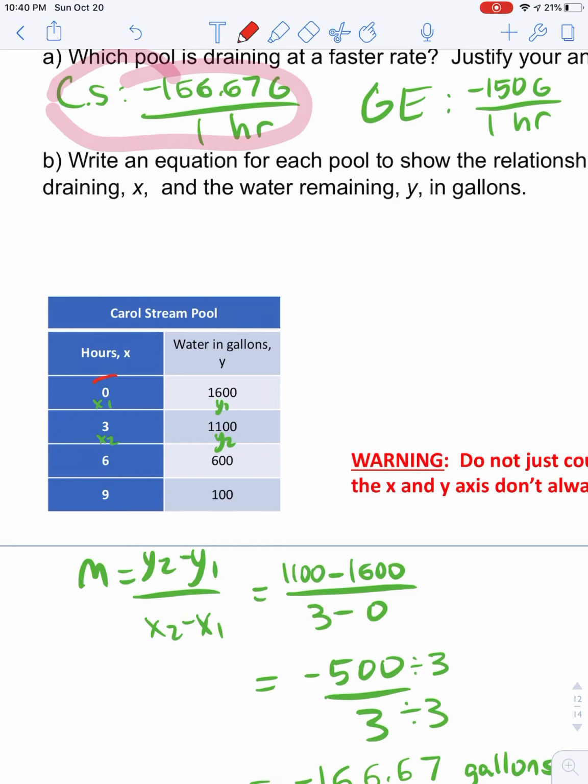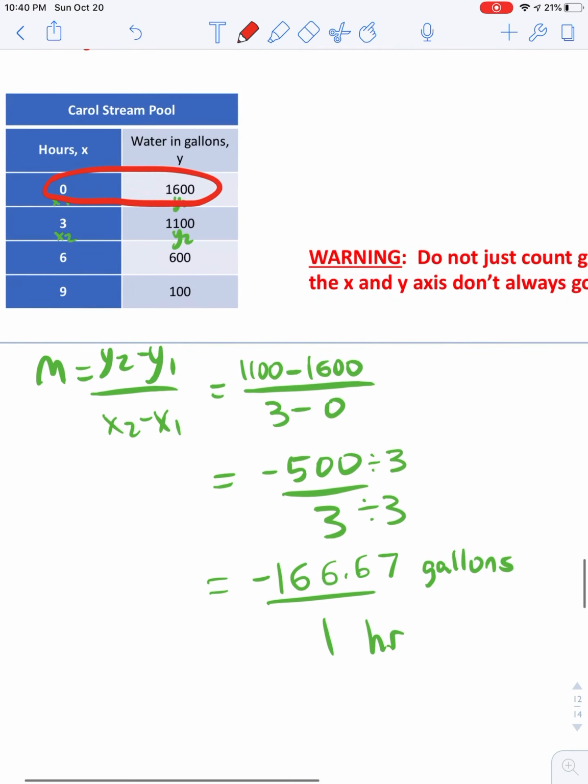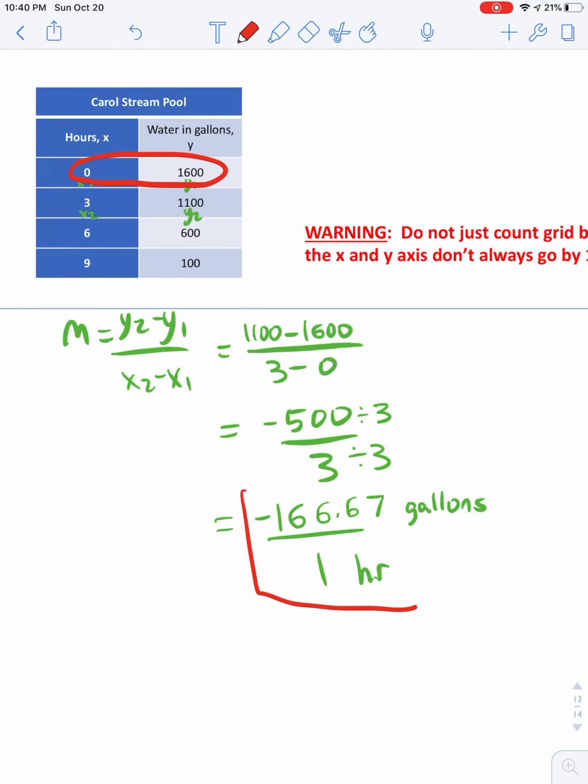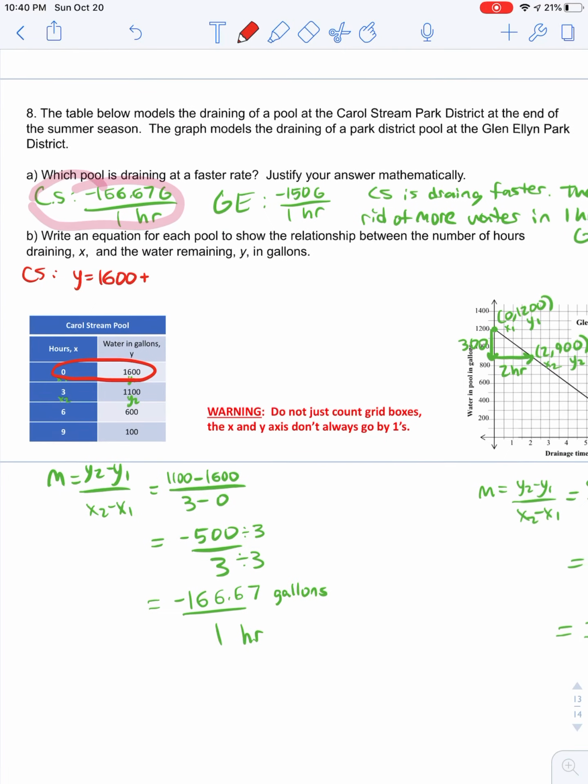our starting amount is 1,600 gallons for Carroll Stream. So for Carroll Stream, we would say that we start with 1,600. And then if you're thinking about change, we've always looked at change as being like per hour, per mile, per something like that. Well, if you look at this, we're getting negative 166.67 per hour.